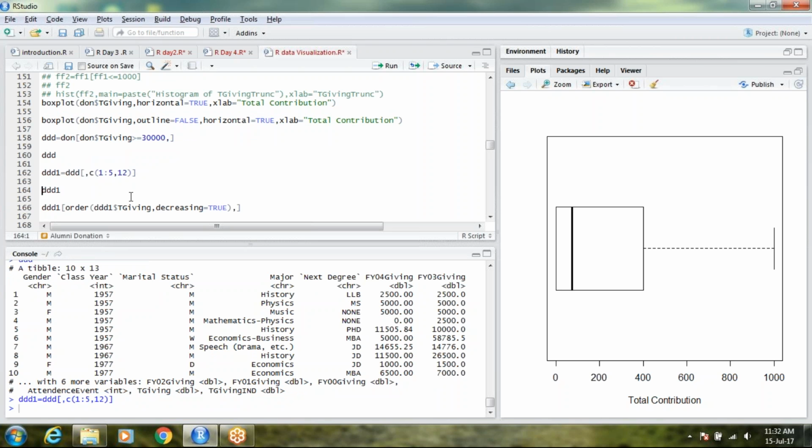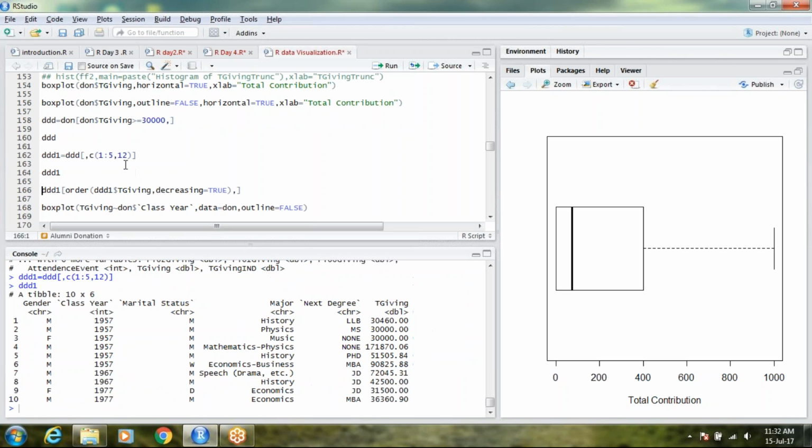Here I have selected the first five columns, and along with that the 12th column. The 12th column will be the total giving. So let me see what I have. I've omitted the year-wise giving or year-wise donation, and I've aggregated it to total giving, or the total donation that they have made.